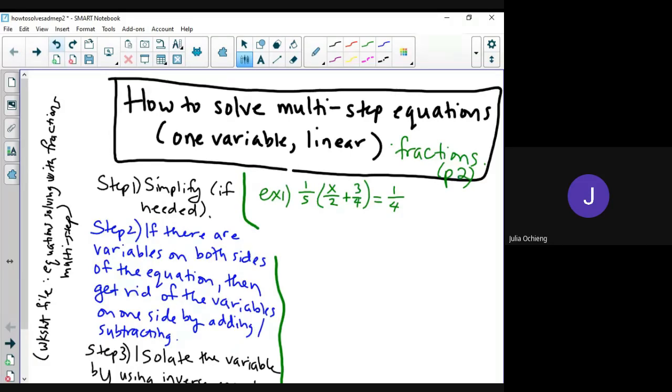All right, so step 1, simplify if needed. Well, if you're uncomfortable with fractions, you're going to want to simplify this, all right? So what we talked about in that other video is that to get rid of fractions, you're going to first need to find the LCD.